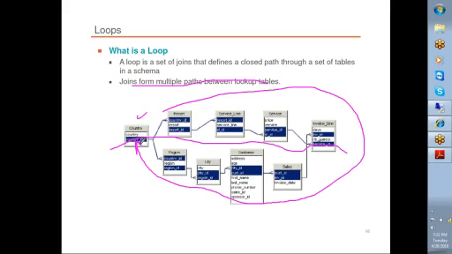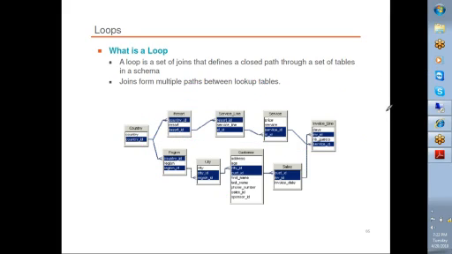Now, if you look at why this loop might be in place, one of the methodologies we talked about earlier: this is a loop because there are two different paths. This is one portion of it, and this is another portion. They are in a loop because these tables or dimensions are forming something in common between them. So you see a loop formation in place. That's how the conformed dimension comes into the picture.